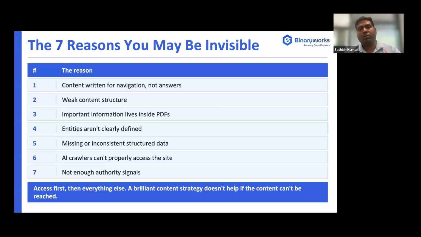And also some missing or inconsistent structured data, like one page might give structured data in one format, another in a different format. And the AI crawlers are not able to access the site. It's getting blocked because nowadays Cloudflare is blocking bots, but it is also blocking good bots.